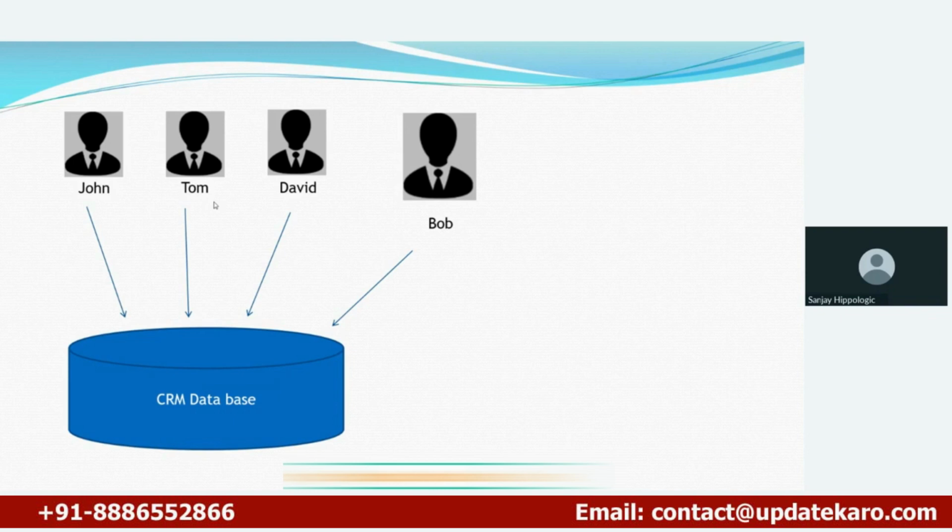He can see how many leads have been converted to customers, how many sales have been done in the last quarter, and how many customers have been handled by each of the representatives. He gets all this information directly by logging into the CRM, because it's all there in the CRM database.